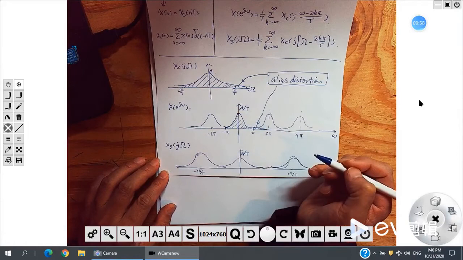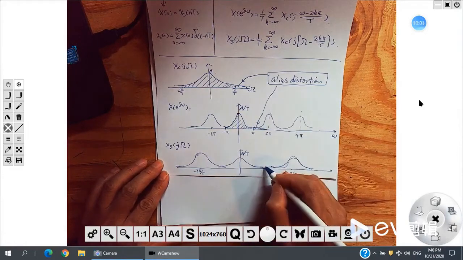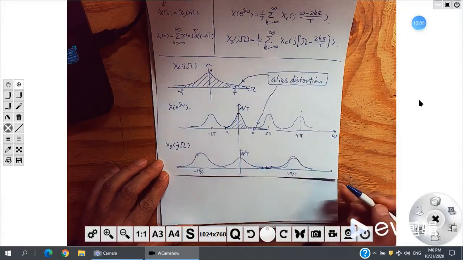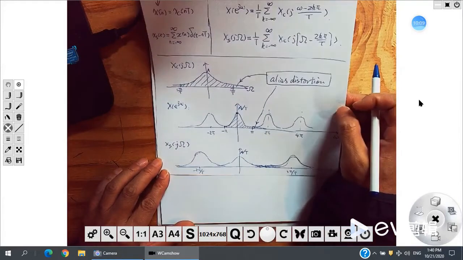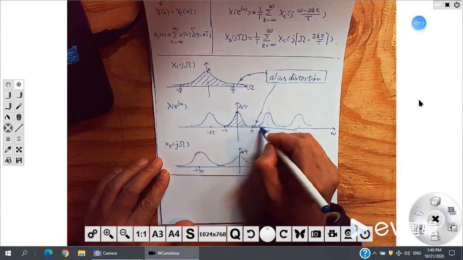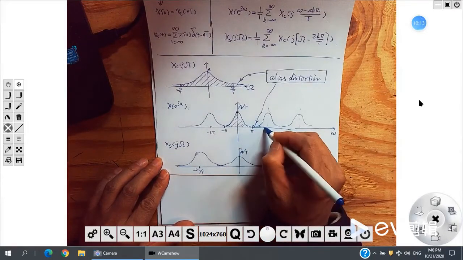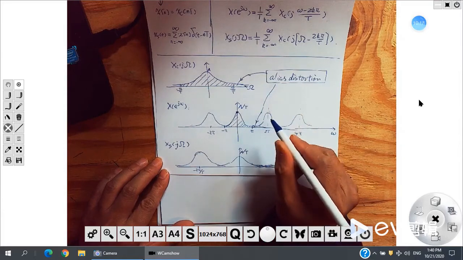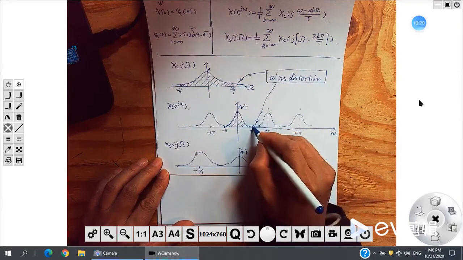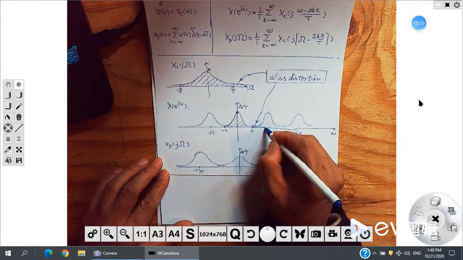All right, and similarly here, we also have that part. Then when you take samples, you want this part to be as small as possible, right? You don't want aliasing. If you have to have aliasing, you hope it is small.